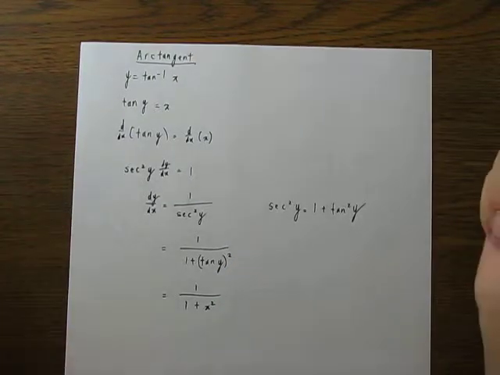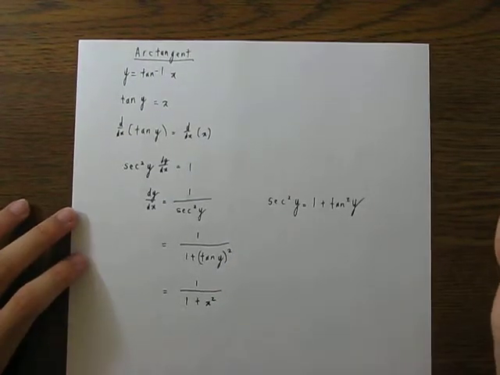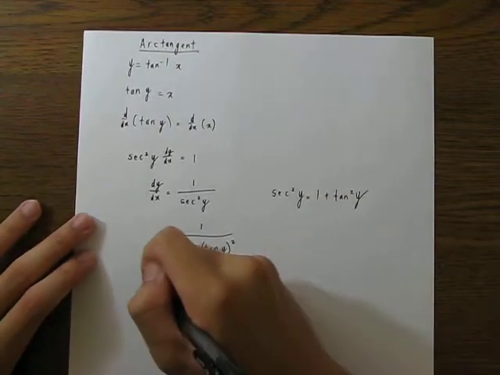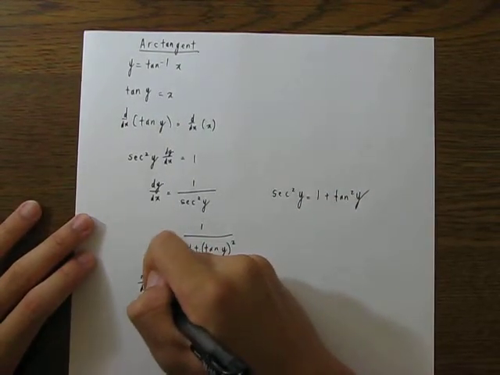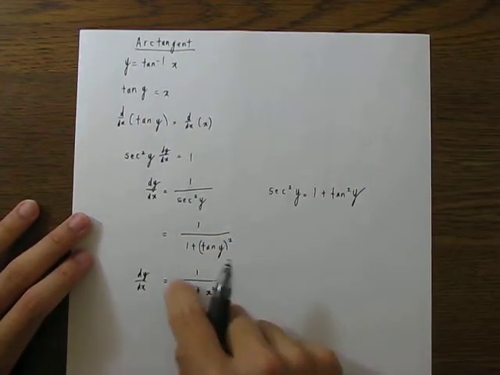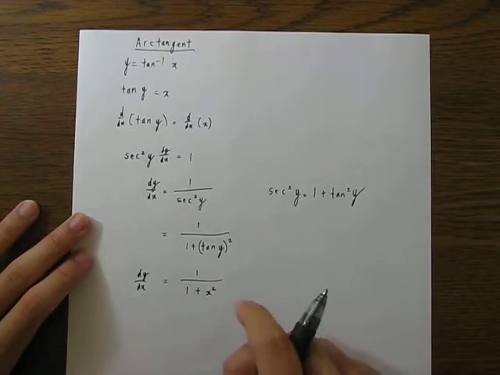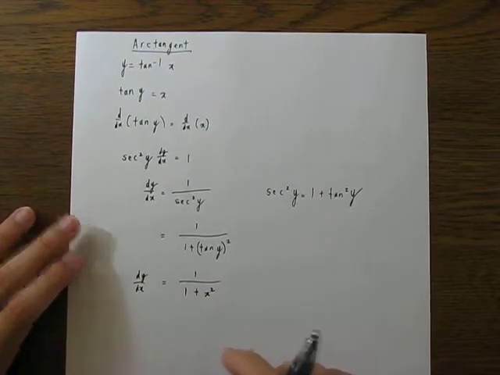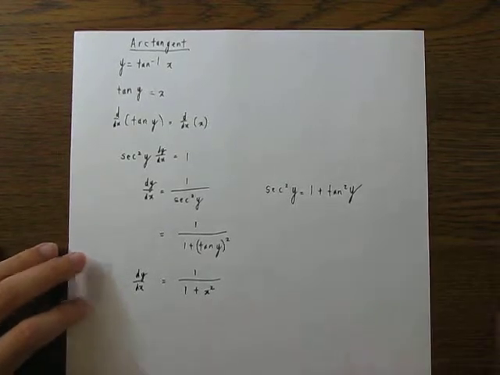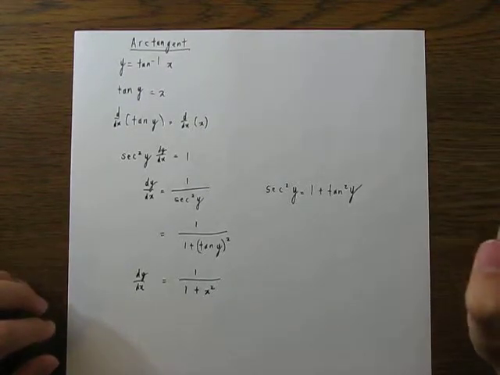As such, your derivative dy/dx of arctangent is 1 over 1 plus x squared. And your x can be any value here because the denominator will never become negative.